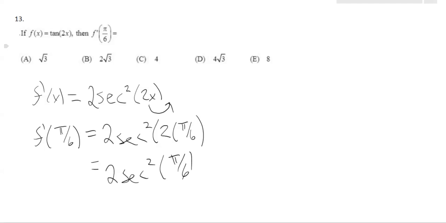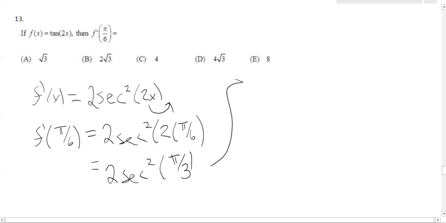Secant is the reciprocal of cosine, so this would really be 2 times 1 over cosine squared of pi over 3.